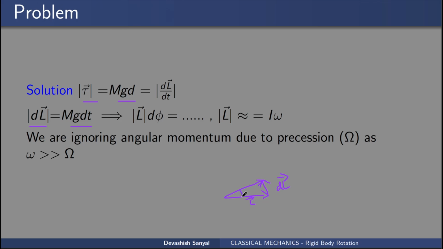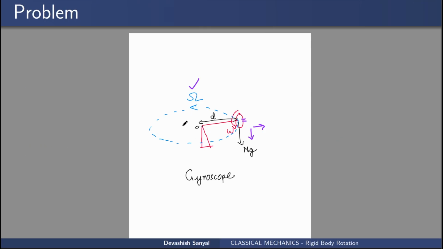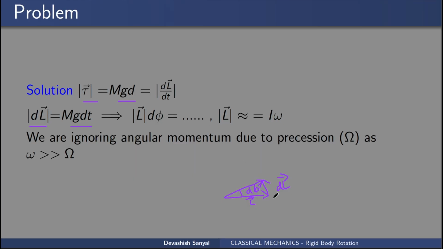This is the picture I am looking at from the top. So this is what I see. So dL magnitude is L into d phi, and that is what we get.